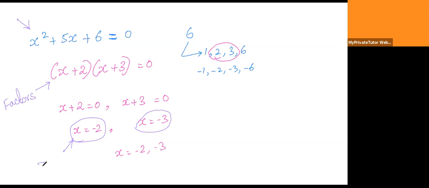These are zeros, which means the answers are nothing but the zeros. Or else we also call them roots. The values are called roots, and the factors you guys know. I hope you understand.